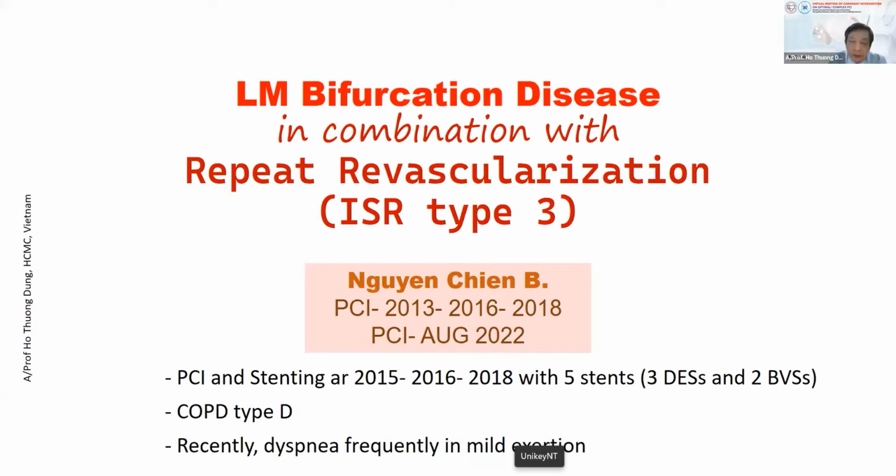The patient had PCI stenting three times, in 2015, 2016, and 2018, with five stents: three DES and two BVS. And the patient has very severe COPD type D. And recently, they developed frequent dyspnea.